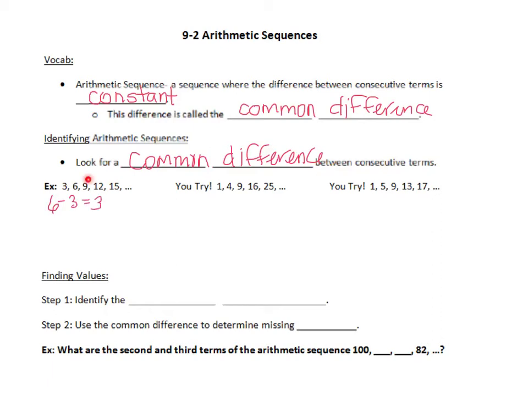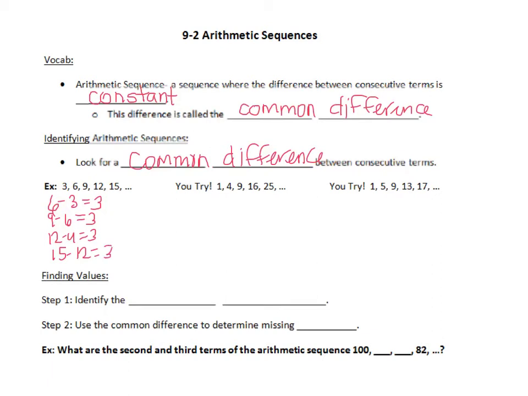Going from the third term to the second term, the difference here, 9 minus 6, is 3. And then going from our fourth term back to our third term, 12 minus 9, is 3, and from our fifth term to our fourth term, 15 minus 12, our difference is 3.